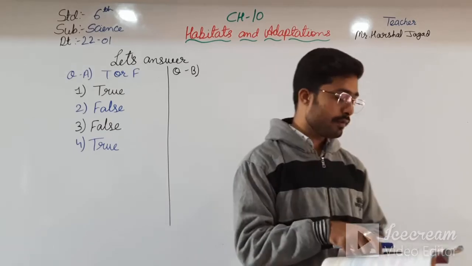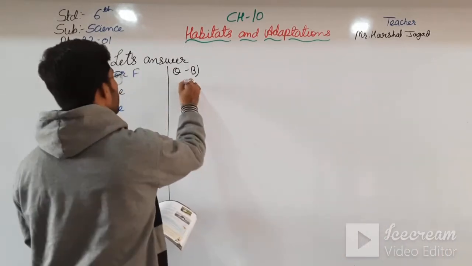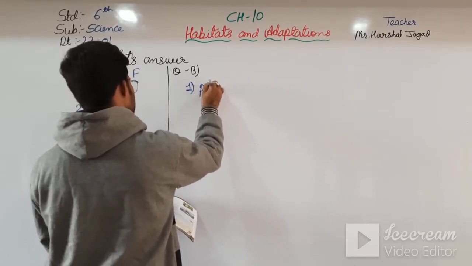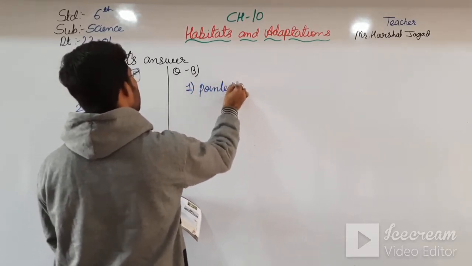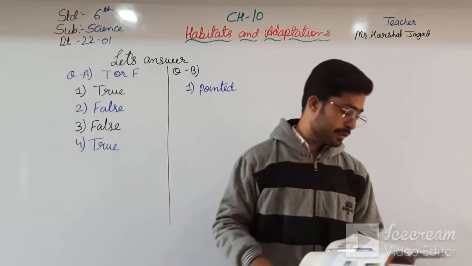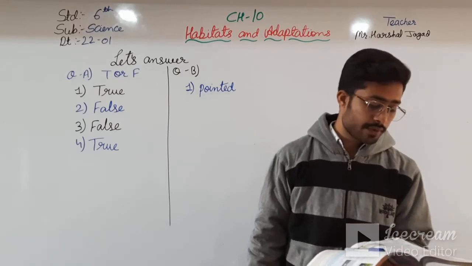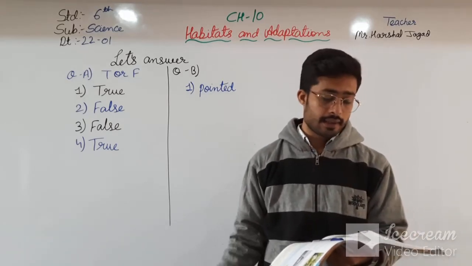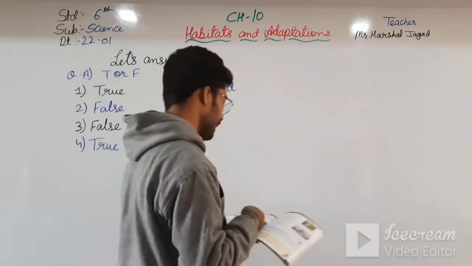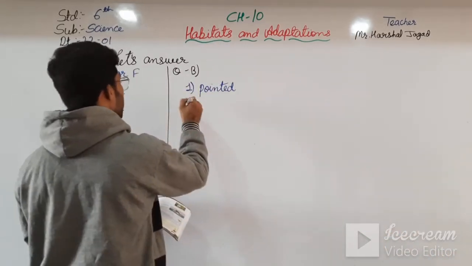In that, the first answer will be pointed. Second one: woody climbers climb up tall trees to reach dash, that is sunlight. So here the second answer will be sunlight.